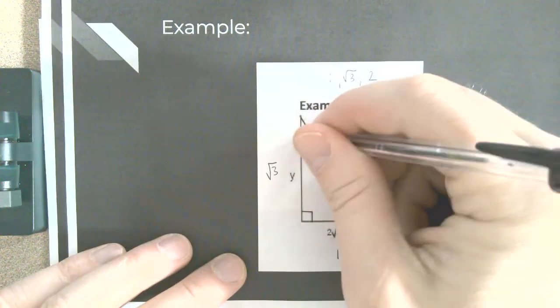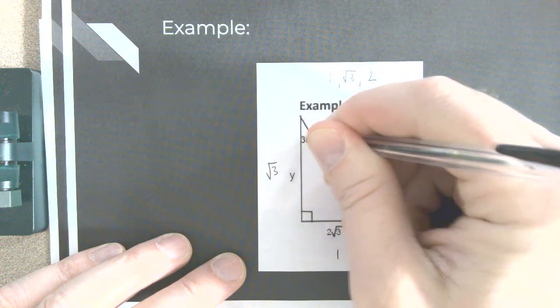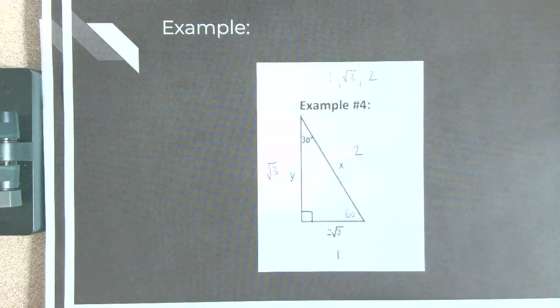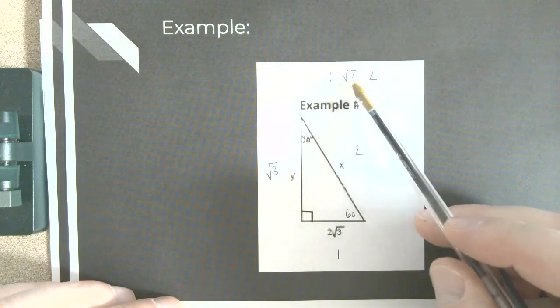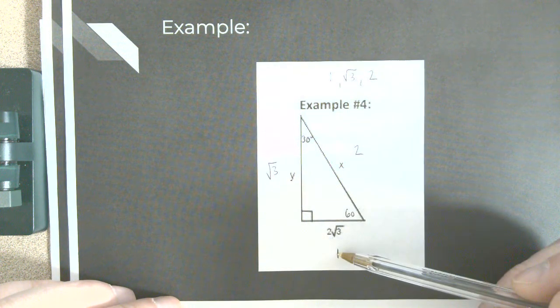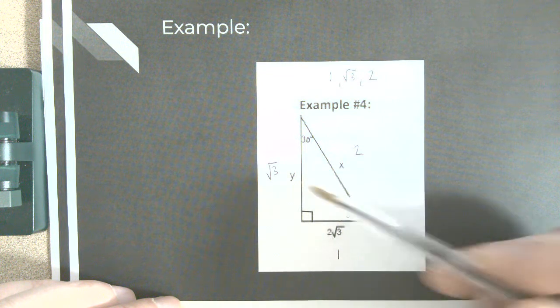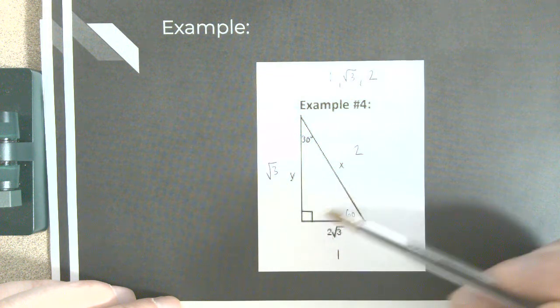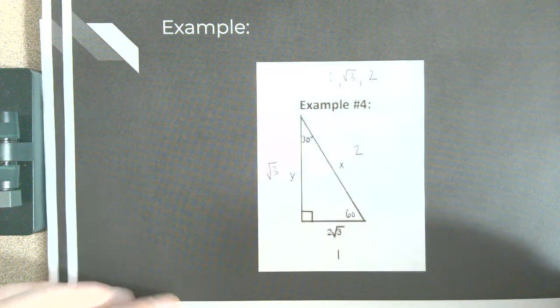So again, we've got a 30, 60, 90. I've already labeled kind of the ratios here. So 1, square root of 3, 2. The side opposite the 30 would go with the 1. Side opposite the 60 would go with the radical 3, and then your hypotenuse goes with the 2.